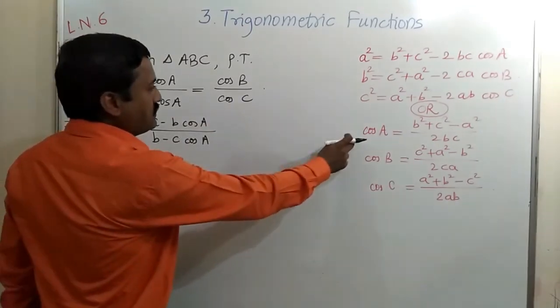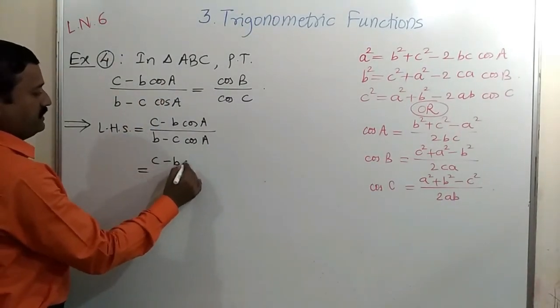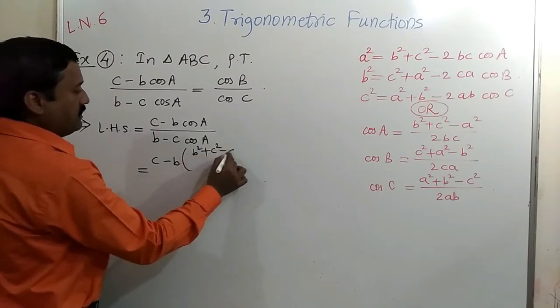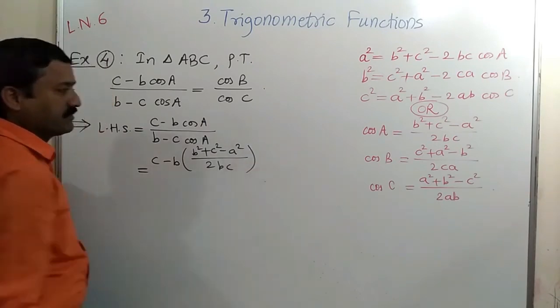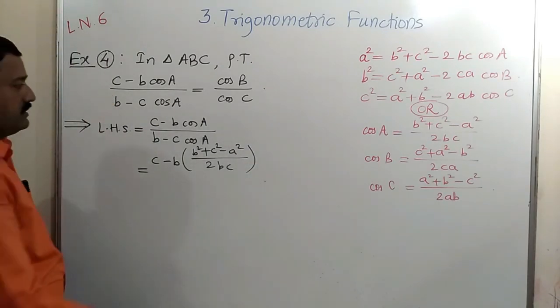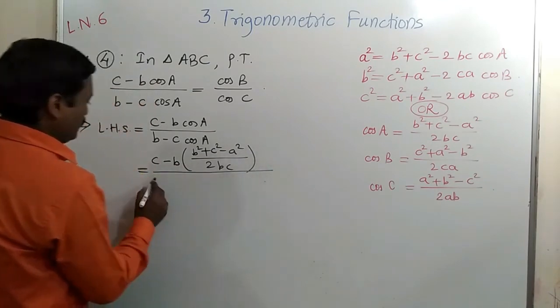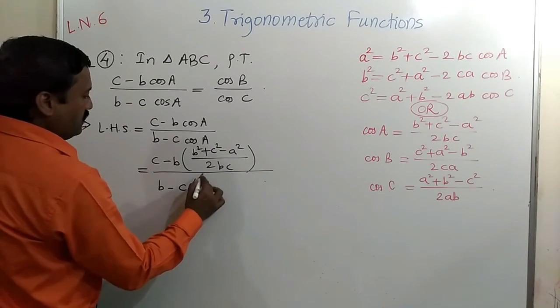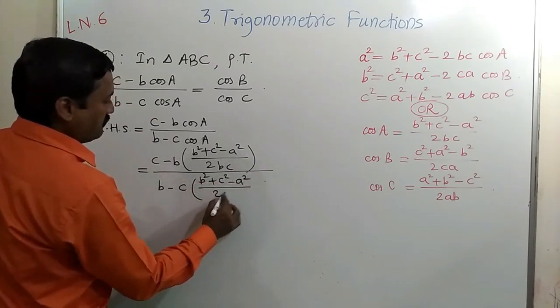Cos A, this is B square plus C square minus A square upon twice BC. So C minus B into the bracket B square plus C square minus A square upon twice BC, upon B minus C into the same B square plus C square minus A square upon twice BC.